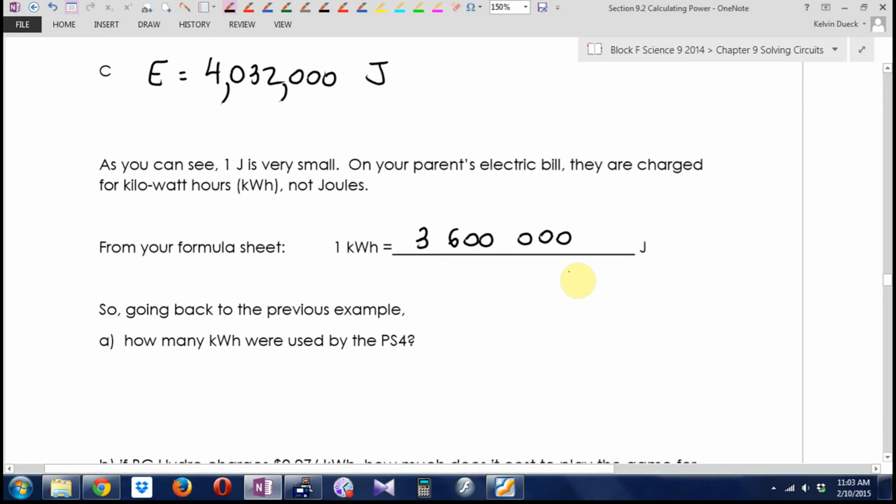So, going back to the previous example, how many kilowatt hours were used by the PS4? Well, no, that's how many joules. How do I change that into kilowatt hours? It's going to be something to do with this number.